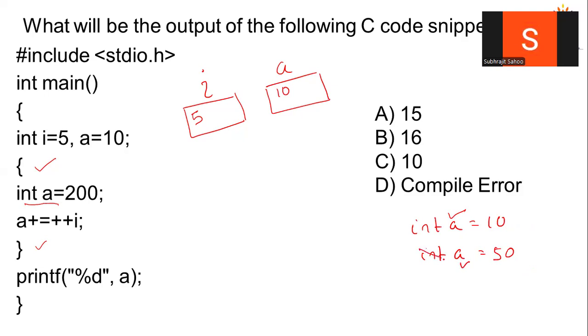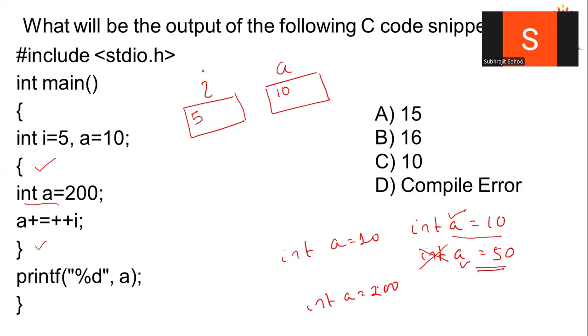But if I write only a = 50, not int, then it is called reinitialization. Here declaration with initialization, again only a means reinitialization. But in this program, int a = 10, and again here int a = 200. Valid or not valid?